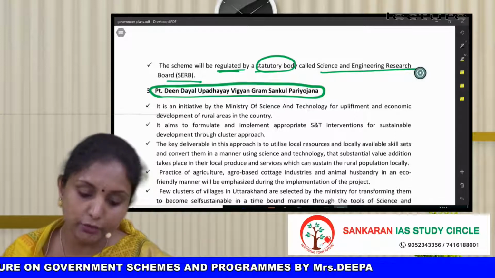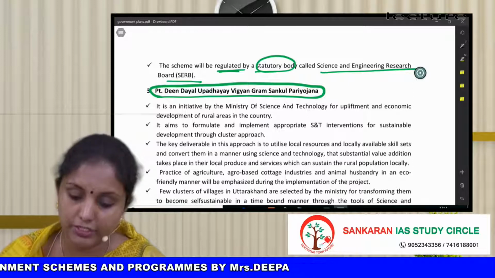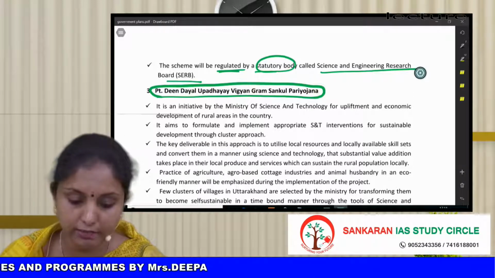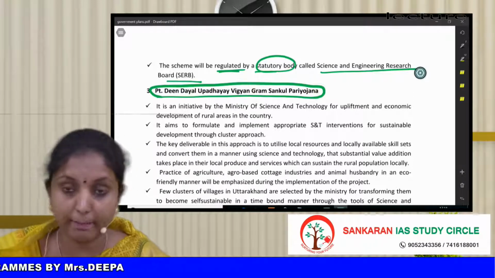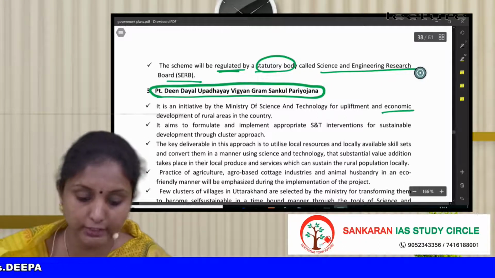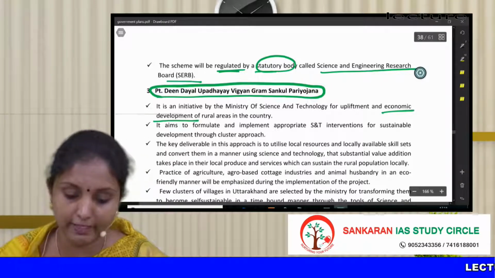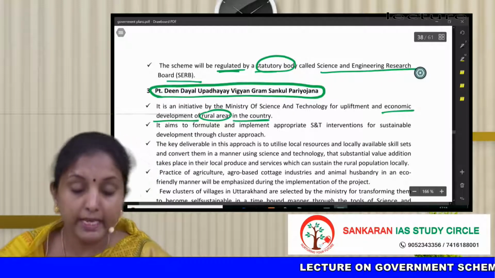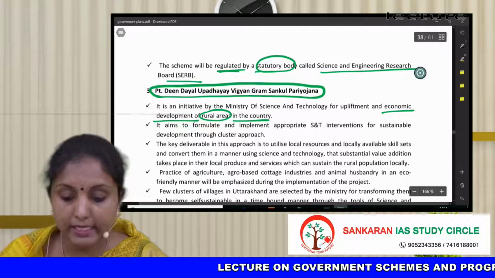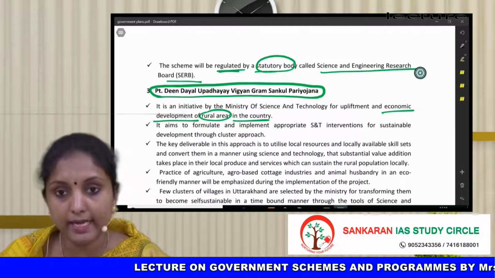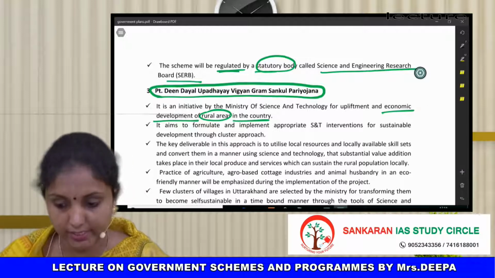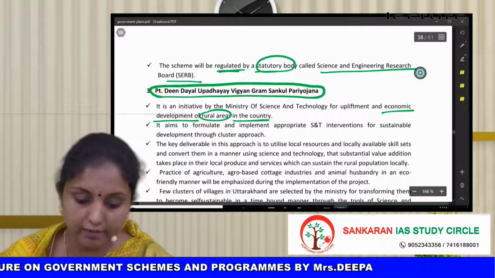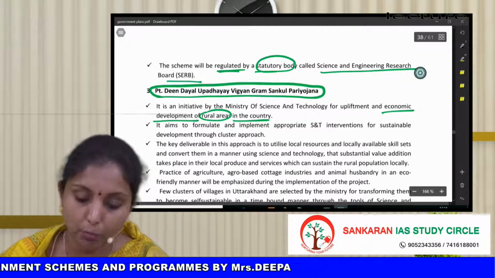It is an initiative by the Ministry of Science and Technology for upliftment and economic development especially. It is not only social development, it is economic development of rural areas in the country. Okay. It aims to formulate and implement appropriate science and technology interventions for sustainable development through a cluster approach. What approach?